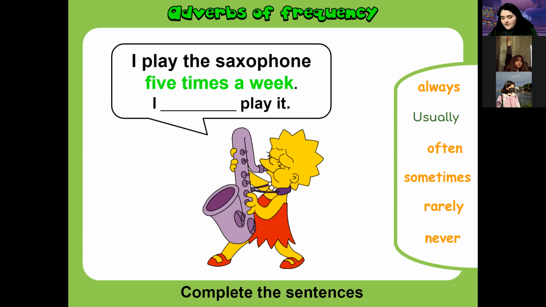If we're doing something always, like I always sleep, you do that 7 days a week. But if you do it 5 times a week, it's not every day of the week. That's why we use usually.